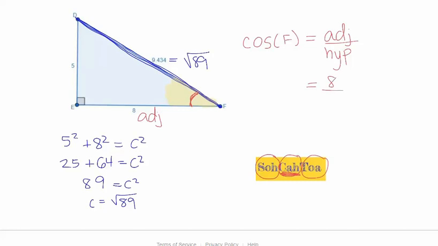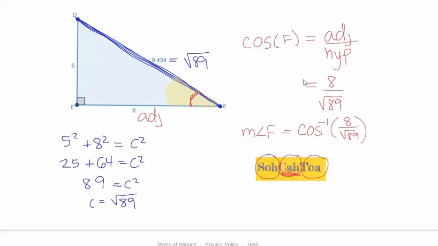And then my hypotenuse is the square root of 89. So if I want to go backwards and figure out the actual angle value for the measure of angle F, I'm going to use my calculator and find the inverse cosine, using this ratio of 8 over the square root of 89.